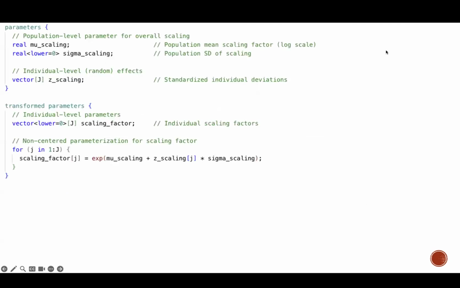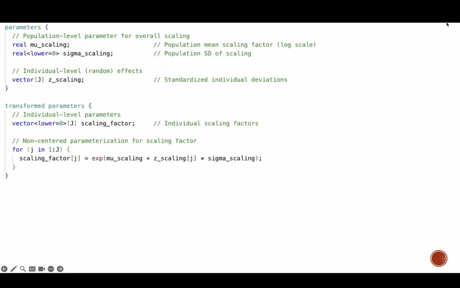Oh, and this is again in the way. Good. So when we look at the parameters for the simple agent that has only the scaling, we can see that there is a real parameter called mu scaling, the population mean for the scaling factor.